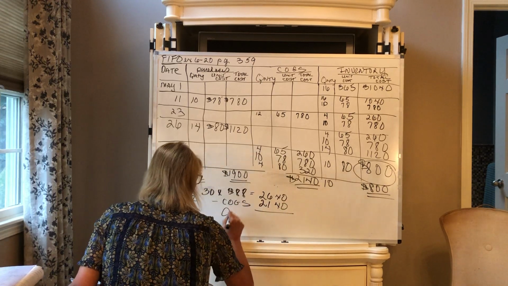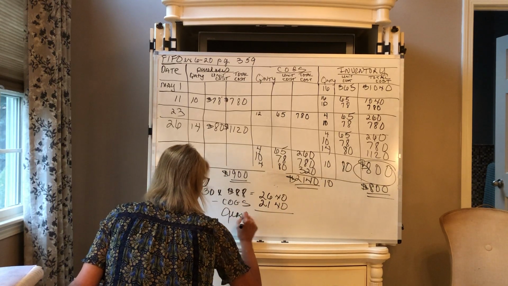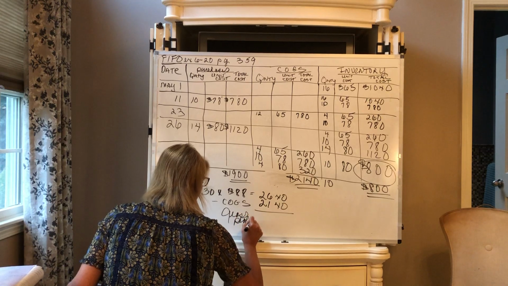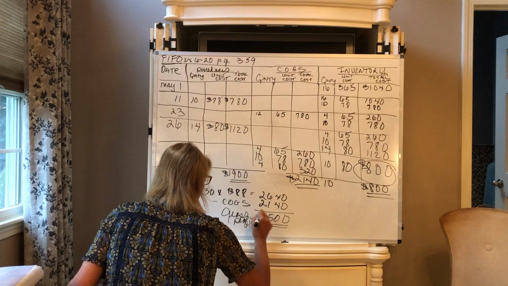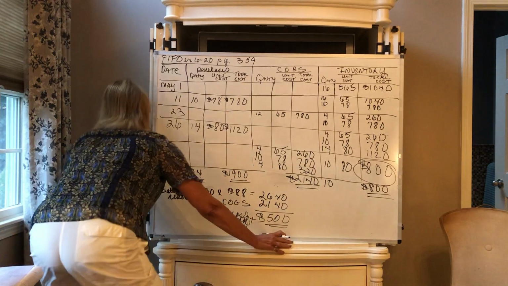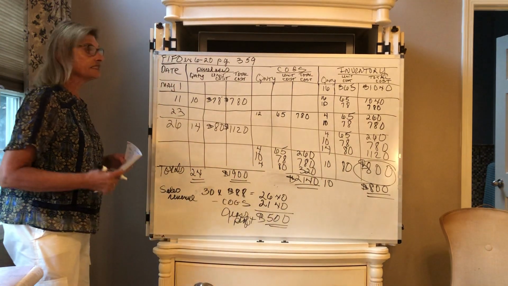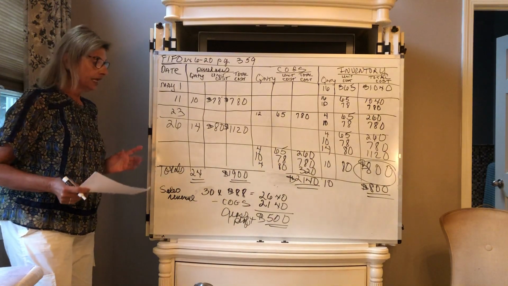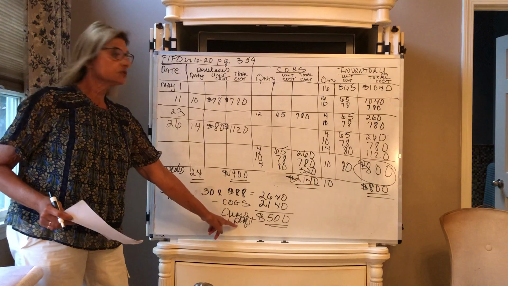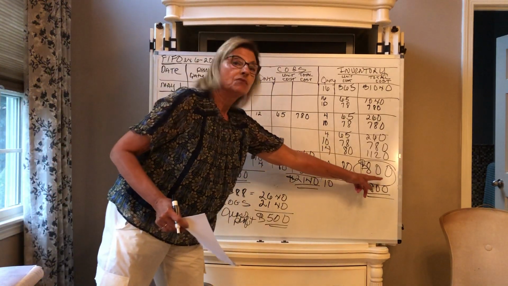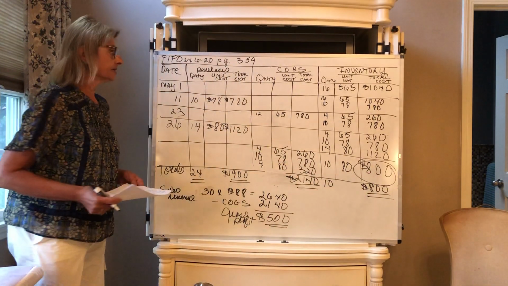Gross profit is $500 using FIFO. That's what they want to know. So that's the FIFO. Again, lowest cost of goods sold is going to give you the highest profit and the most expensive inventory at the end.